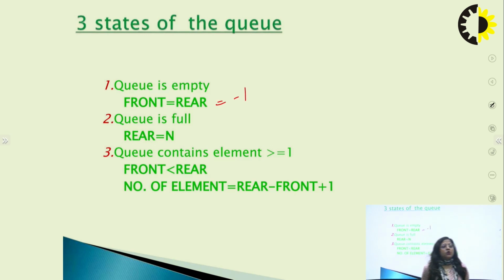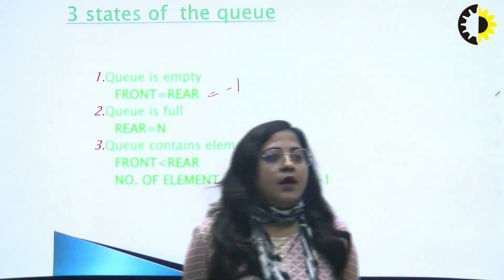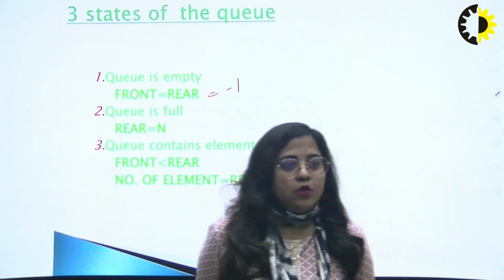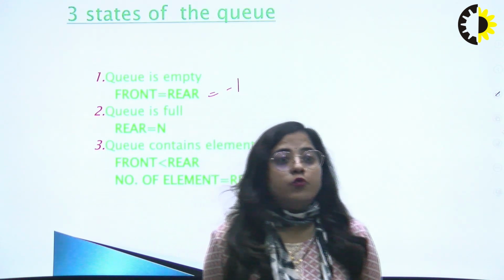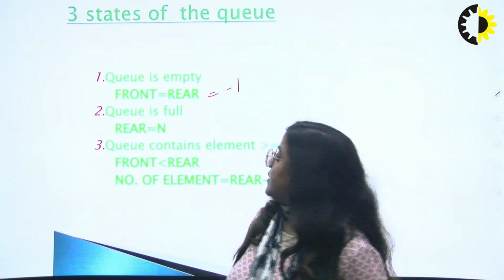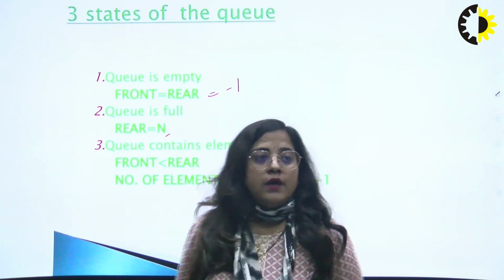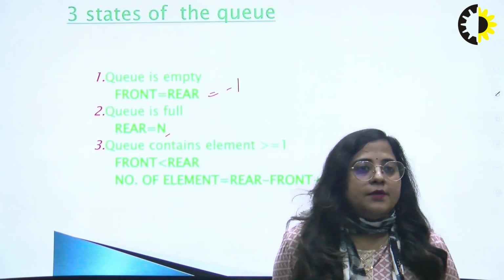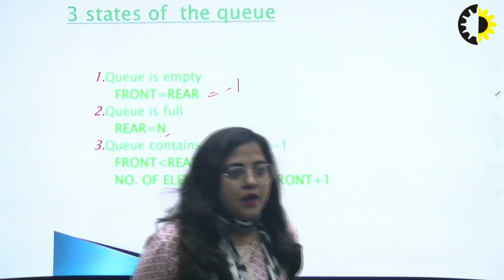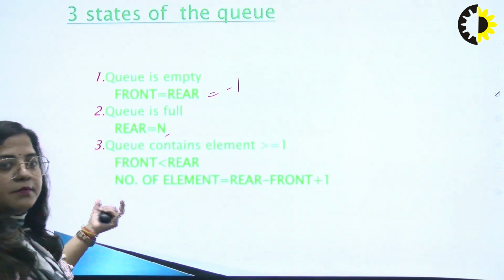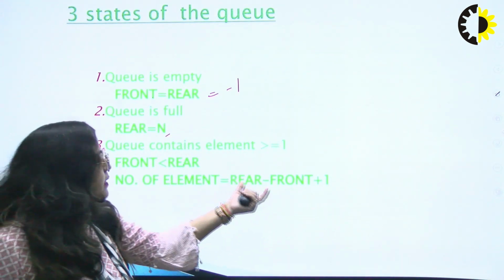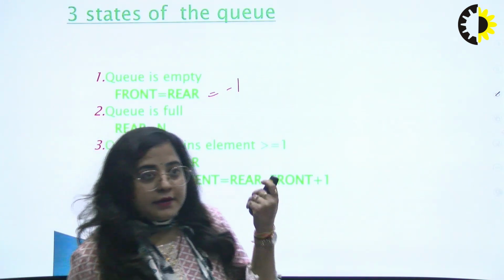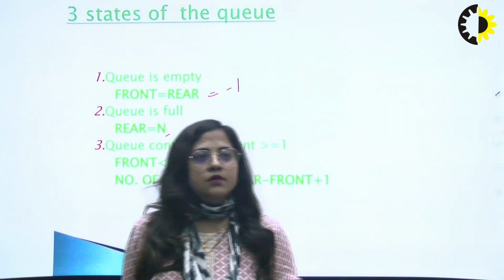If front and rear are both -1, then the queue is empty. To check the queue is full, the condition is rear is equal to max -1, or we can say the max n value. And third one is the number of elements in the queue. If front is less than rear, number of elements is rear minus front plus 1. These are the other states which are used in queue.